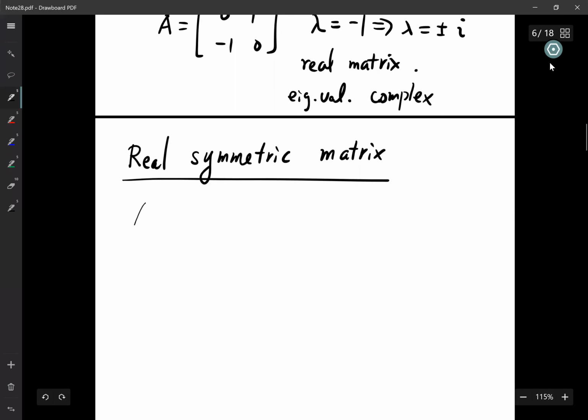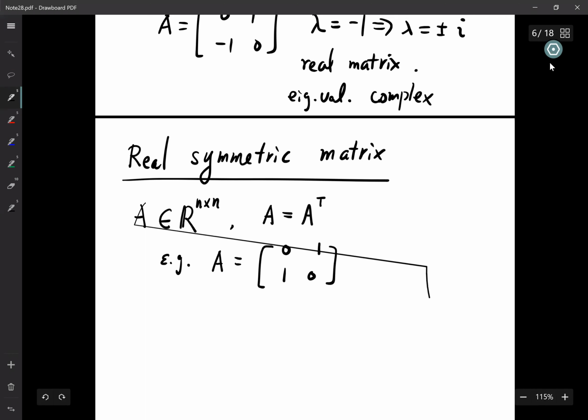A matrix A belonging to R n by n is called real symmetric if A is equal to A transpose. Very simple. For example, let's say A is [0, 1; 1, 0].